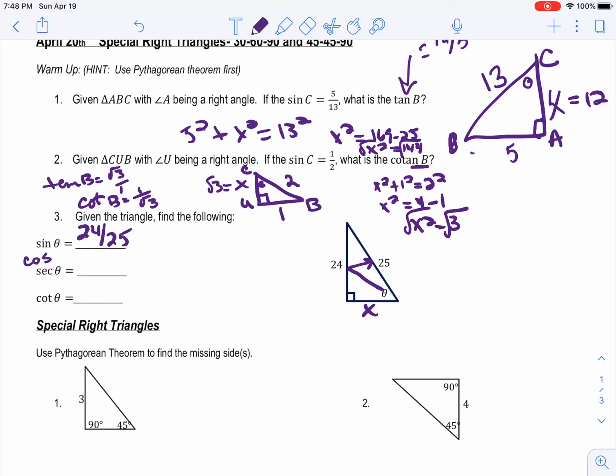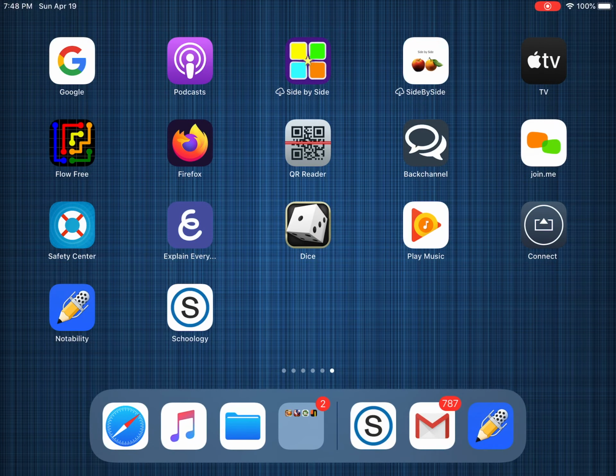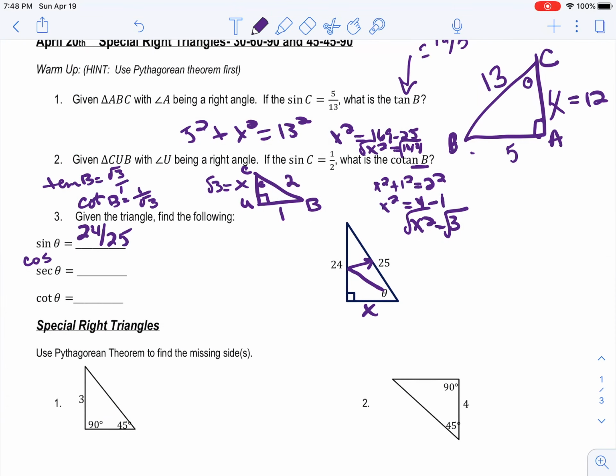Cotangent needs an adjacent side as well. So now we have to do x squared plus 24 squared equals 25 squared. So we get x squared equals 625 minus 576. So x squared then equals 49. And we get x equals 7.